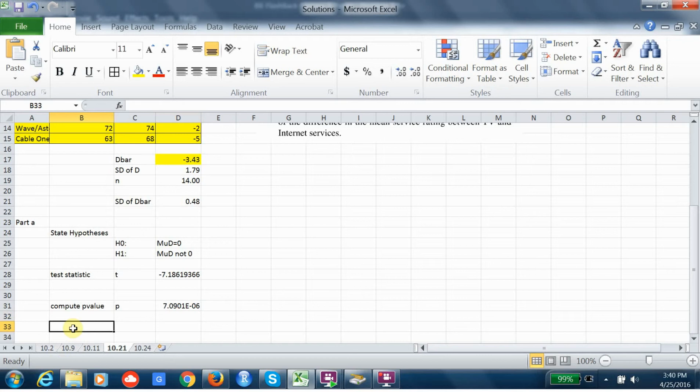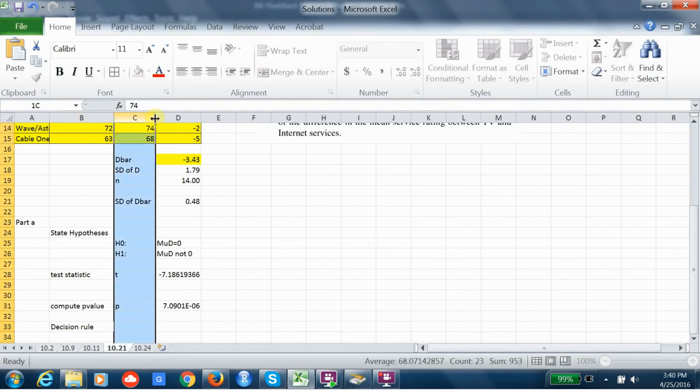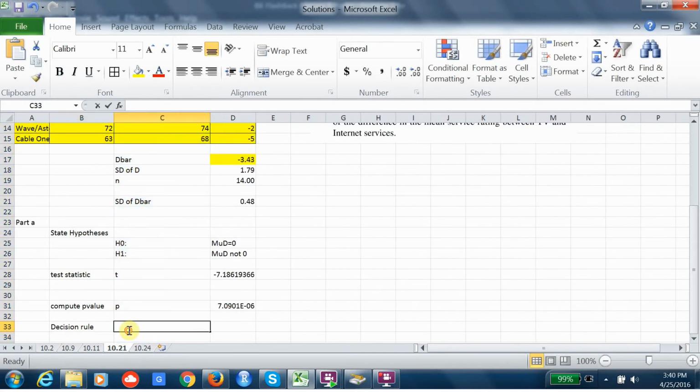So the decision rule is actually quite easy to use. So in this case, and I'm going to stretch this over because this will get a little long here, P is equal to 0.123456709, which is definitely less than 0.05, which is equal to alpha.